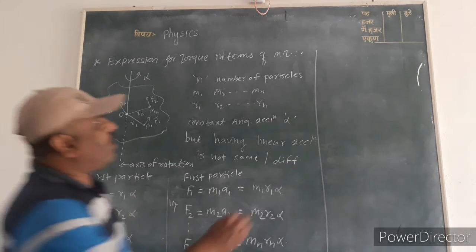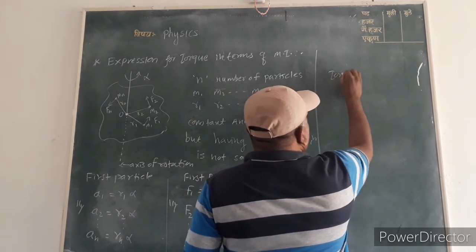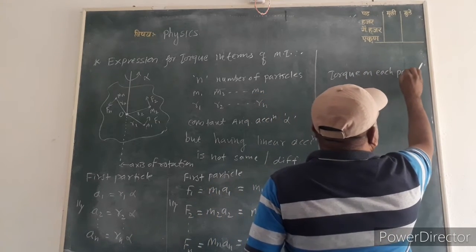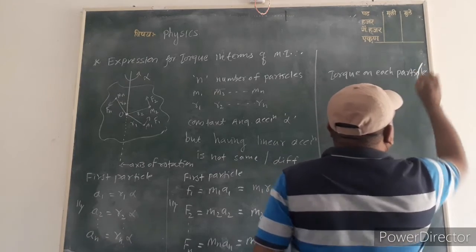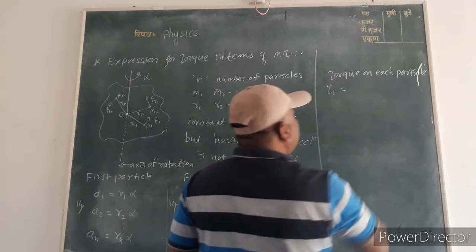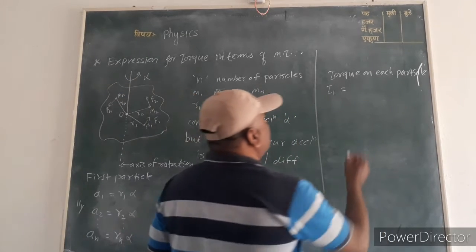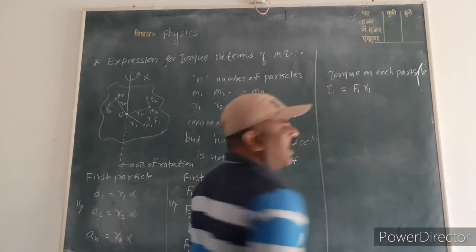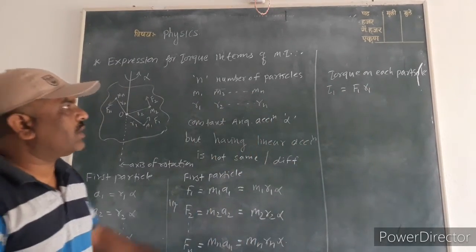Now we find the torque on each particle. For the first particle, the torque τ1 is equal to F1 into r1. This is the definition of torque.